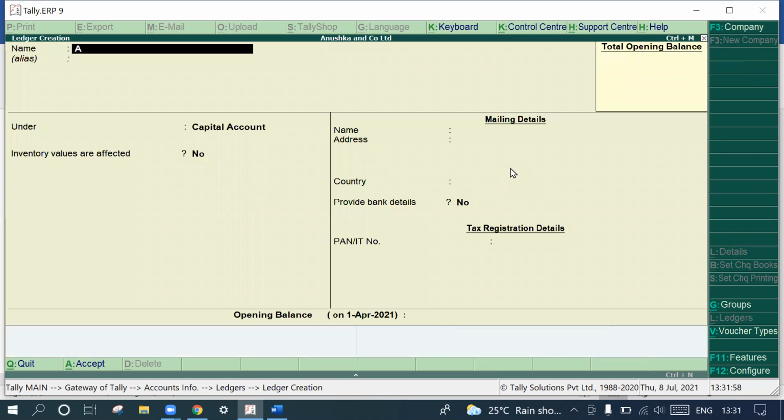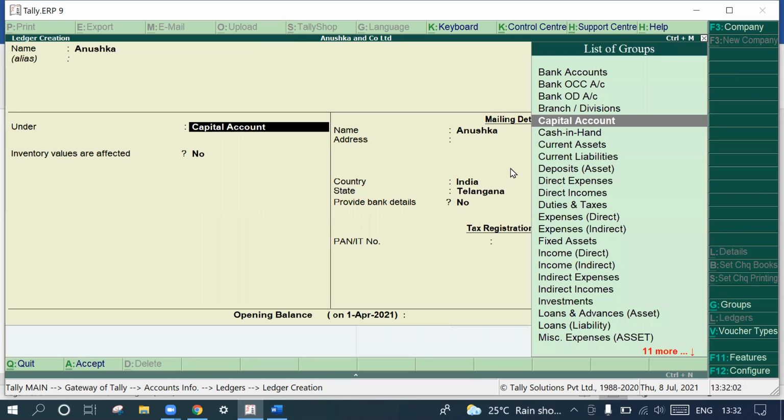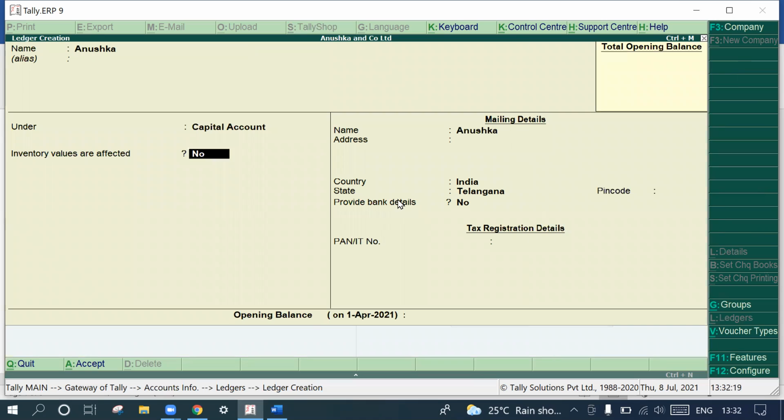Now Anushka is the owner of the company, so saved under capital account. This is a list of groups, and we should see very carefully and save our account under the correct ledger group. So Anushka is the owner, so capital account. Enter, enter.